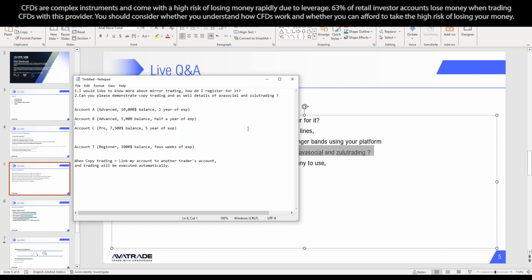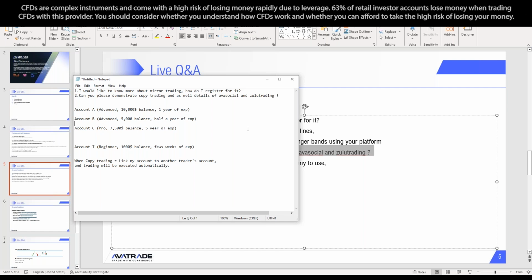With AvaSocial, if I'm following, none of my positions will be executed automatically. I'm just going to get notifications. But if I'm copying, it's very similar to ZuluTrade, and it's very similar to mirror trading. Mirror trading means that I sign a certain document that allows me to mirror the person that I'm mirroring, basically. And whatever he's doing will have a direct impact on my account, right?